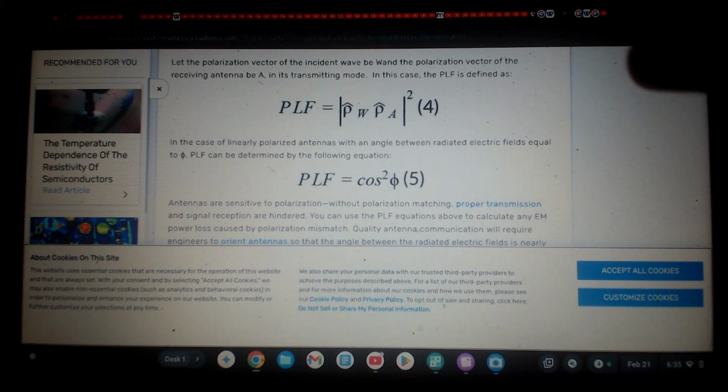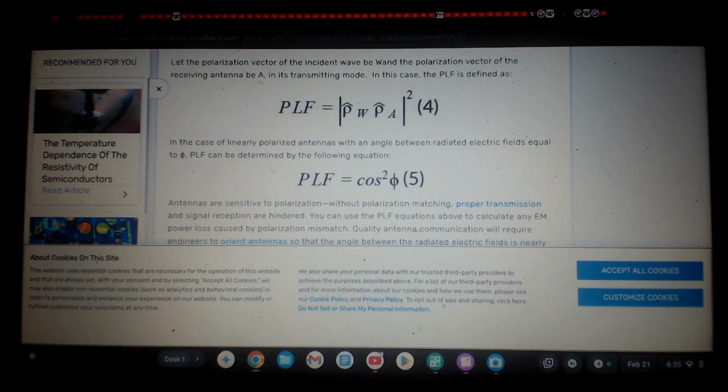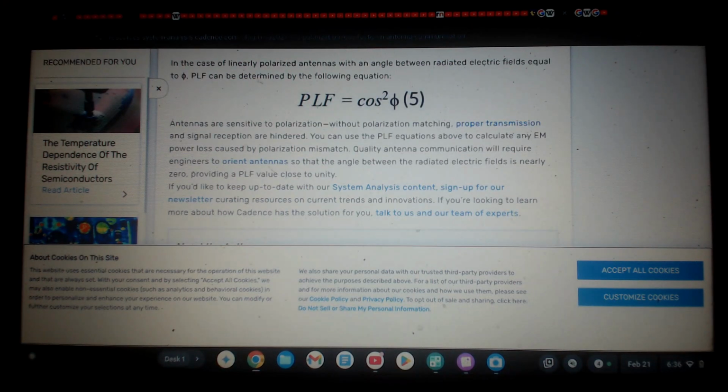He's saying the polarization loss factor is cosine theta squared. That's what ours is. Remember, intensity. What's the loss? We always multiply it by cosine theta squared. You know why? Because they're both antennas and they're both polarizers. That's why. Antennas are sensitive to polarization.